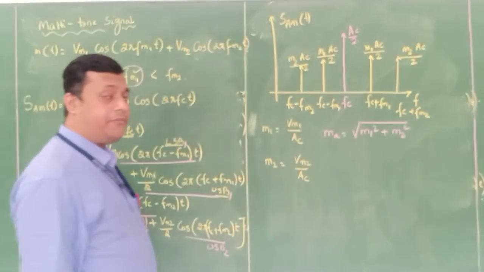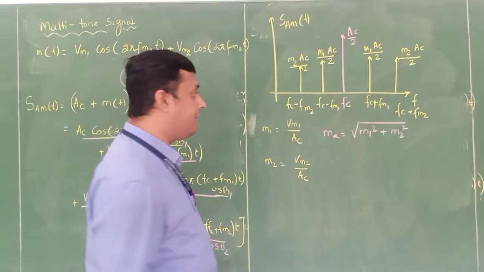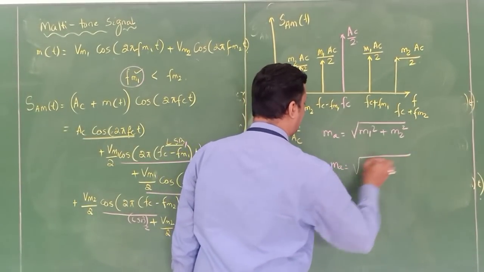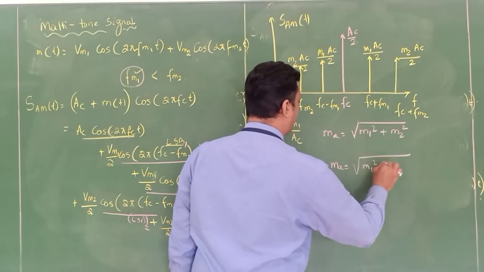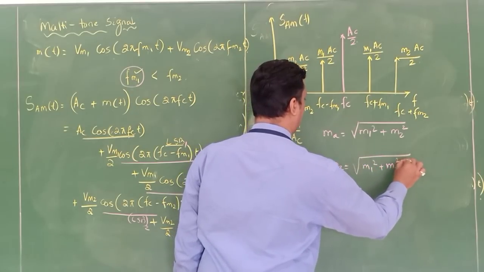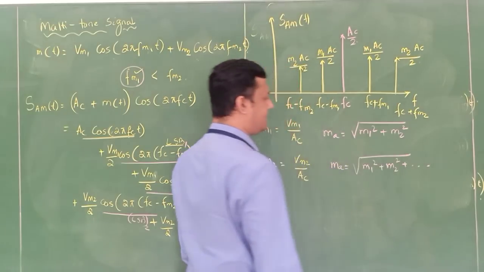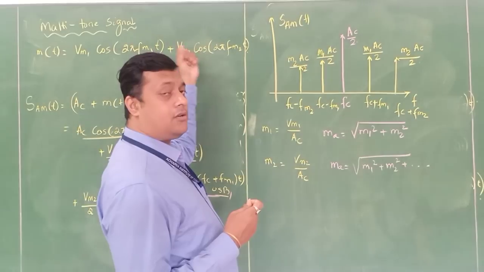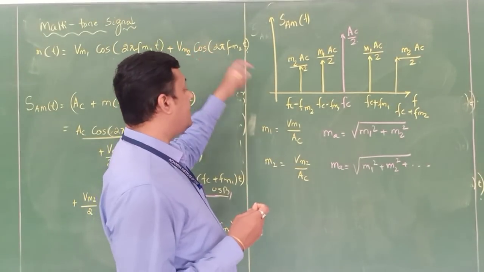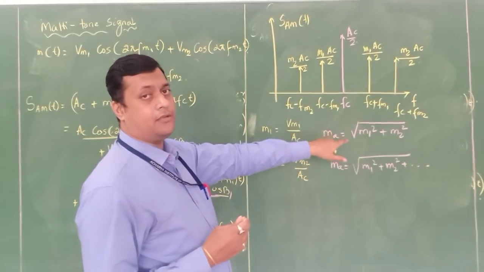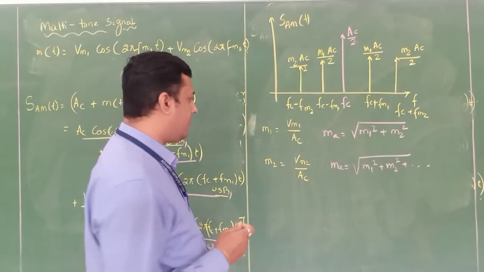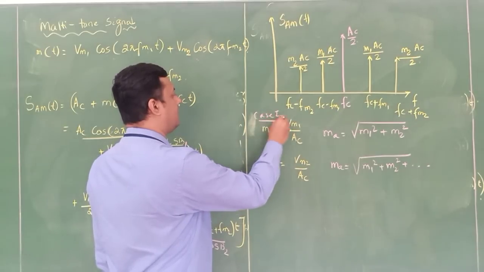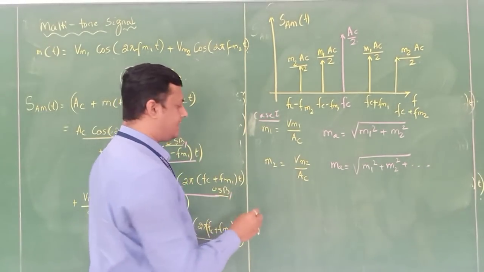But if there are more modulating frequencies, the general expression will be root of M1 square plus M2 square plus so on. This is the general representation. But for this case, we have considered two different modulating frequencies. Here, MA will be the root of M1 square plus M2 square. Okay, this is the first one. Case 1 regarding the modulation index.